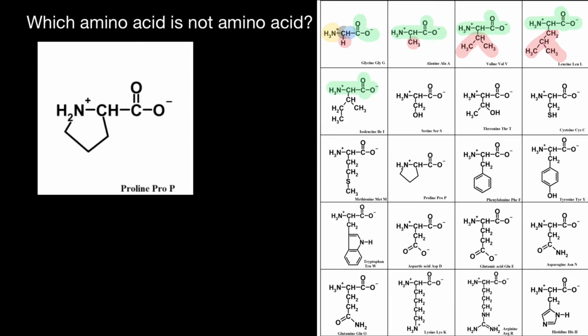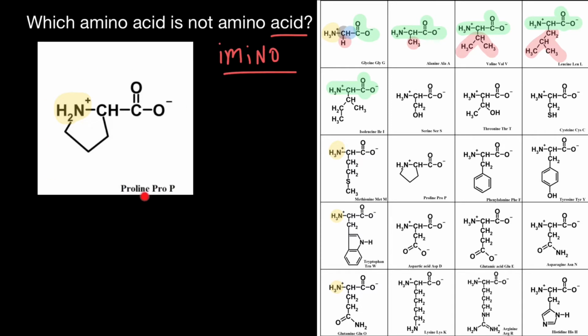But now let's take a look at the structure of proline. While each amino acid has an amino group, proline has an imino group. So technically we have to call it an imino acid. This amino acid actually lacks one hydrogen here, which makes it an imino acid.